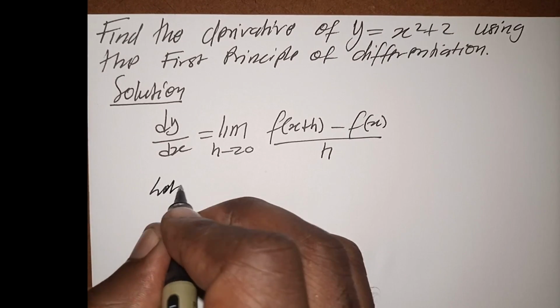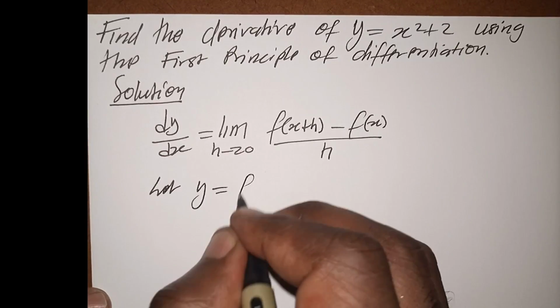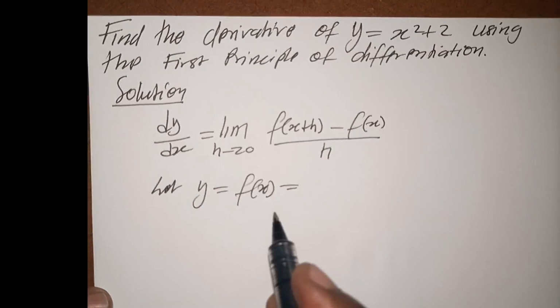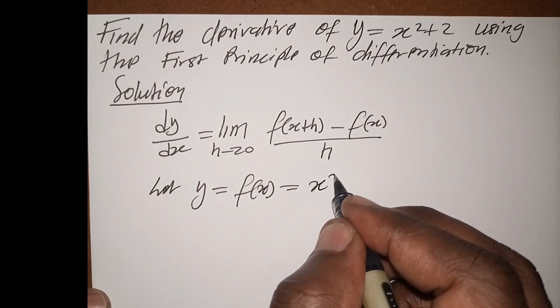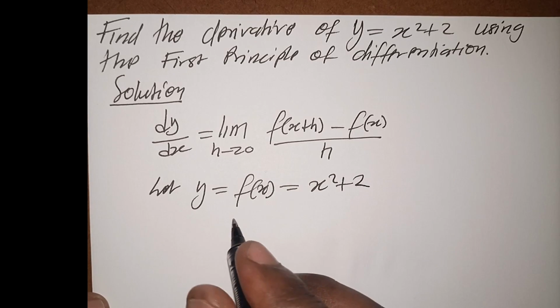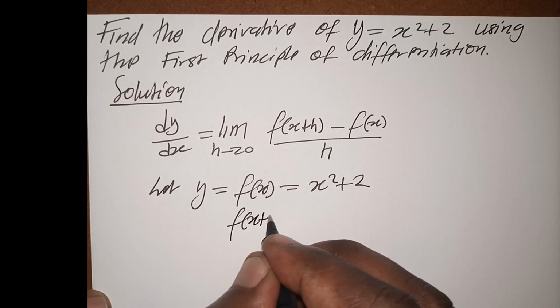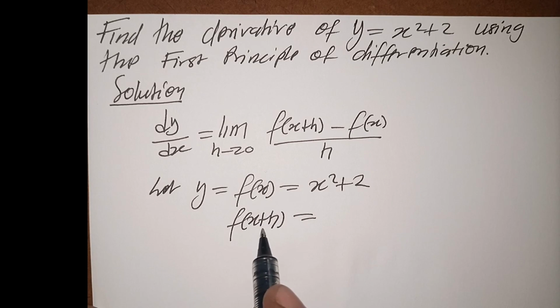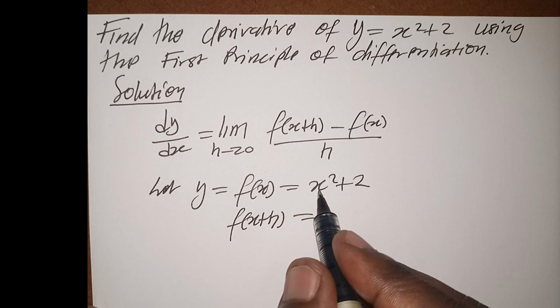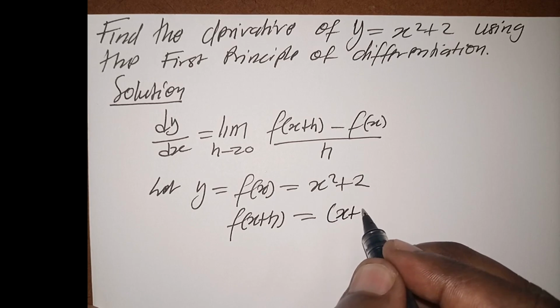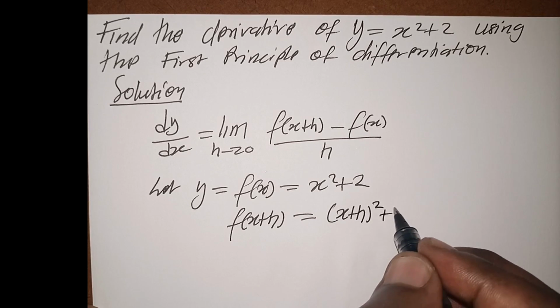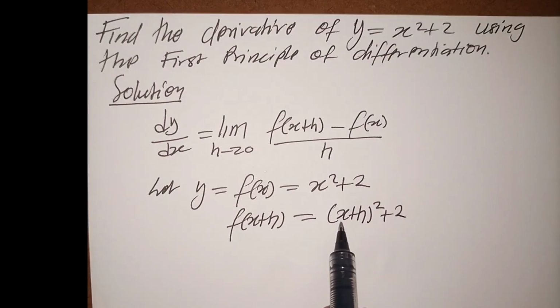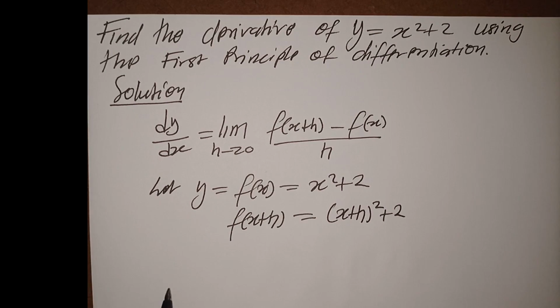So we can let our y be equal to f of x, which is x squared plus 2. Then f of x plus h is going to be, where there is x, we put x plus h. So where there is x, we put (x plus h) squared plus 2. Then substitute this into this equation.